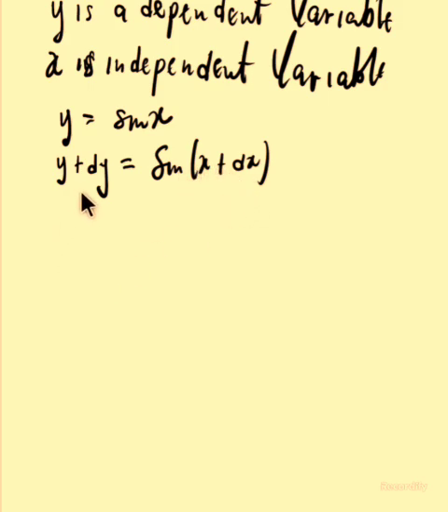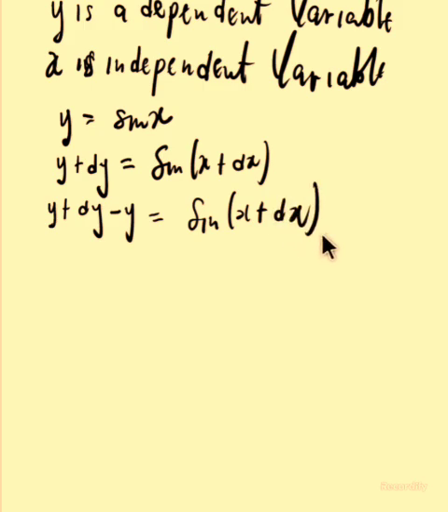What will be the next thing I'm going to do now? To show you how far this y has increased, the change in y, I'm going to subtract y from both sides. That is, I'm going to have y plus dy minus y equals sine of x plus dx minus y. Now if I do that, positive y minus y is going to give us 0.